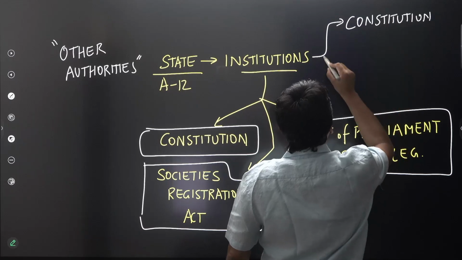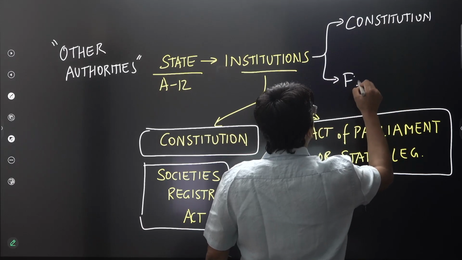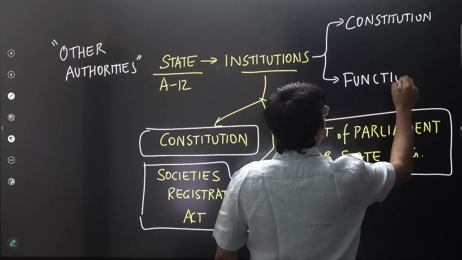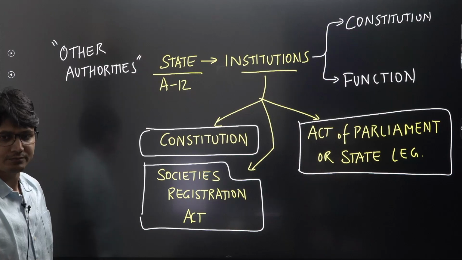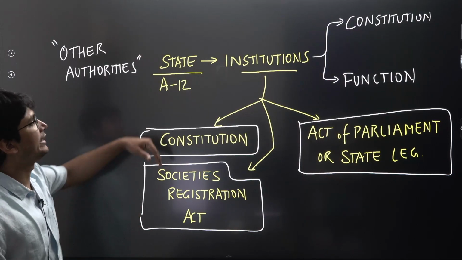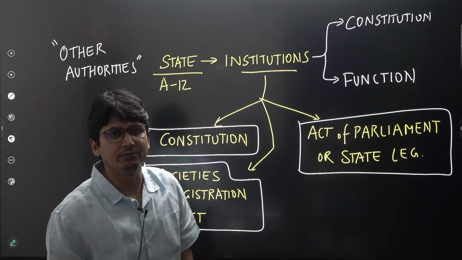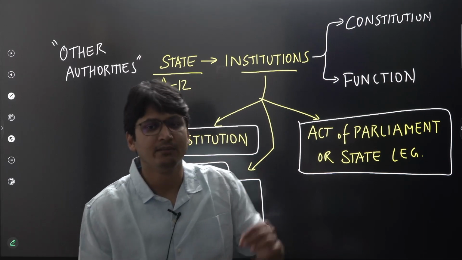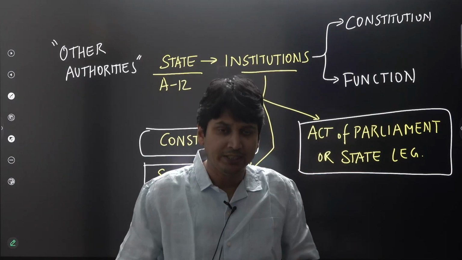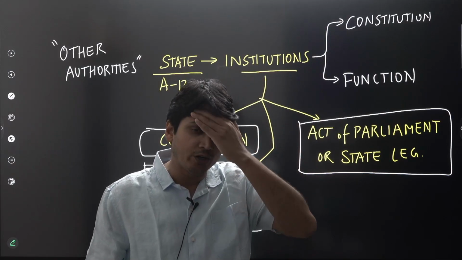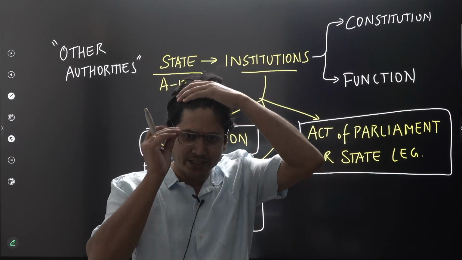Second test was based on their function. That what function did they perform? If, let's say, even if they are created by the parliament or associated with the government, but they are not performing in an associated governmental function, can we say that they are state, or can we say that they are other authorities under Article 12?